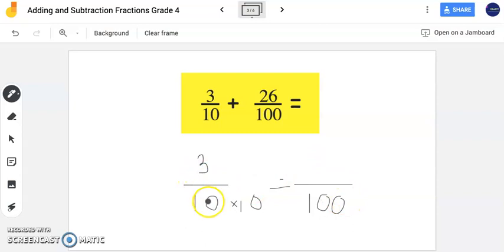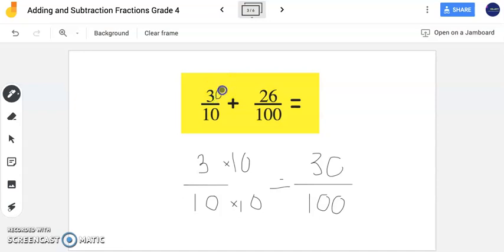Now I notice that 10 times 10 is 100, and if I multiply my denominator by 10, I do the same to my numerator. So 3 times 10 is 30. So notice now I can rewrite 3/10 as 30 hundredths because 3/10 and 30 hundredths are equivalent.